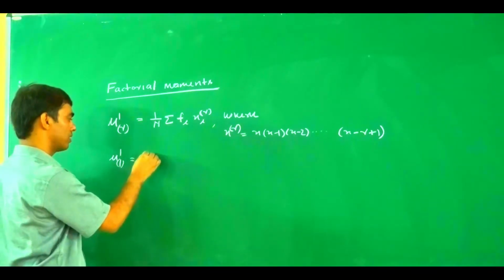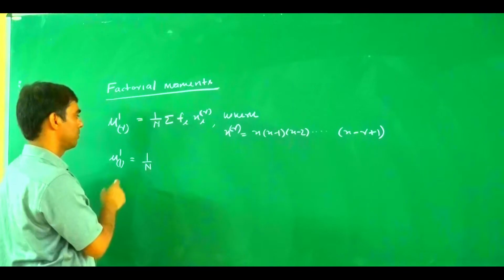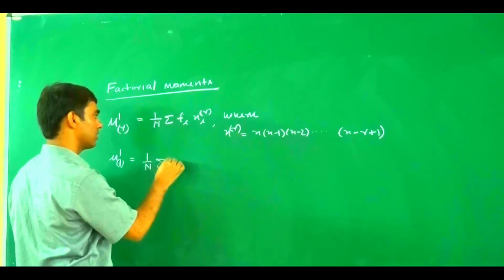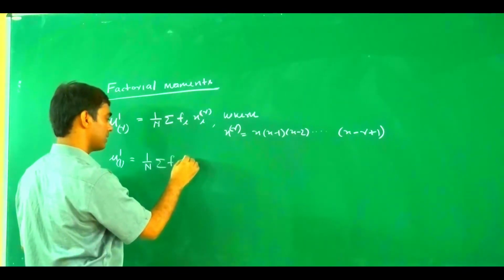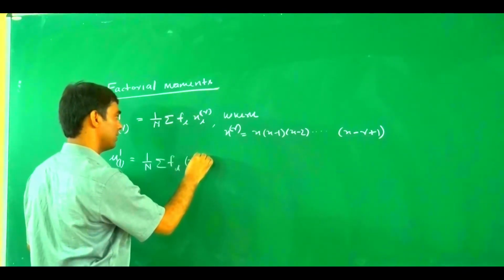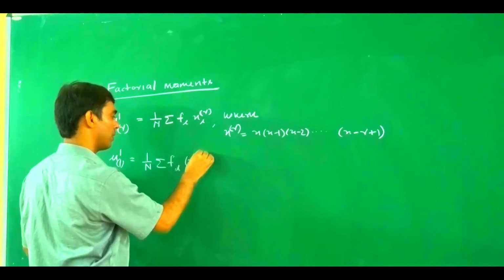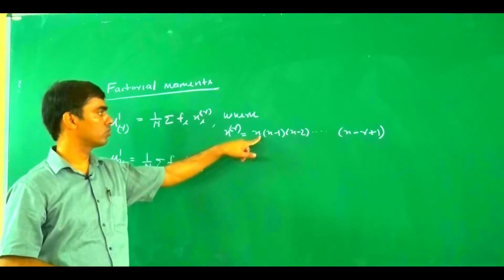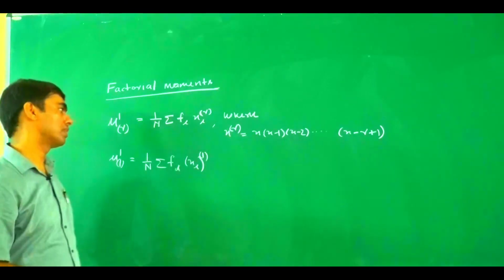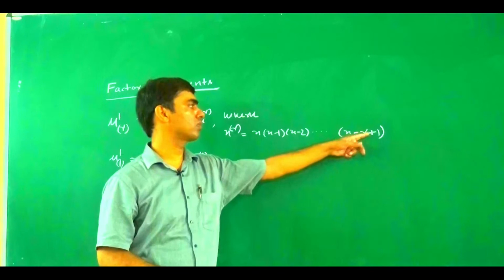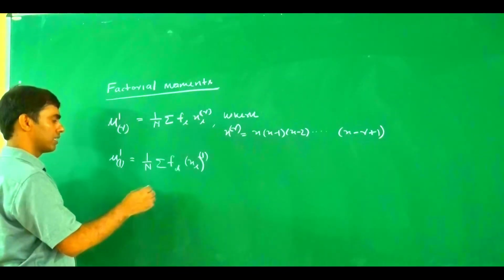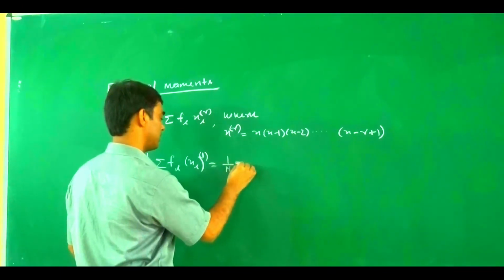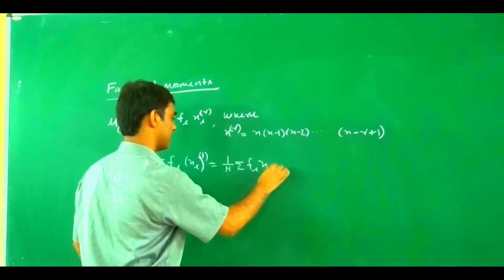Mu 1 dash equals 1 upon n summation of fi xi to power what? Here r is 1. So how do we write the value of x? Since r is 1, this becomes x minus 1 plus 1, so we get 1 upon n summation of fi xi.